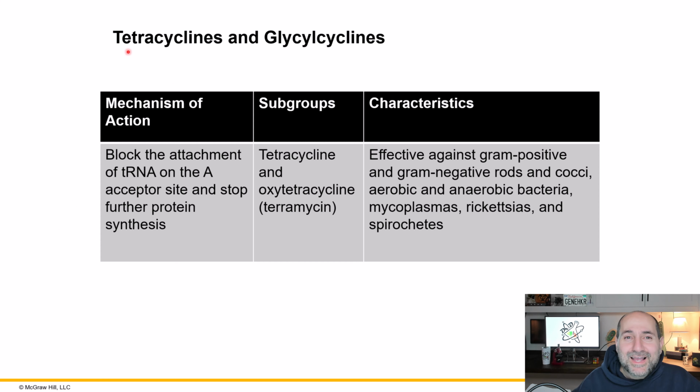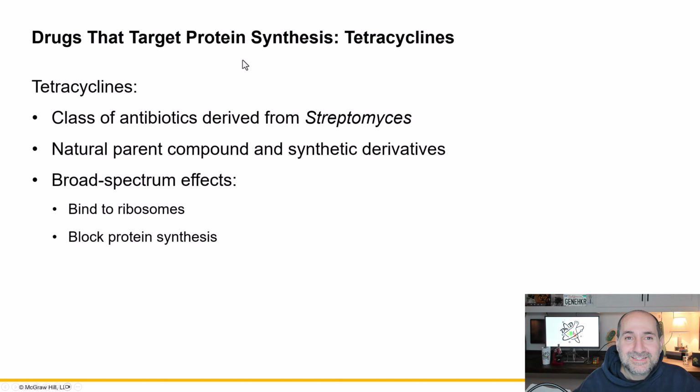The class that I want you to remember that targets protein synthesis are called the tetracyclines. So let's remember that tetracycline is an example of an antibiotic that stops protein synthesis.